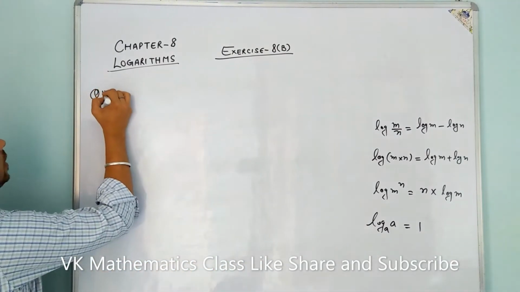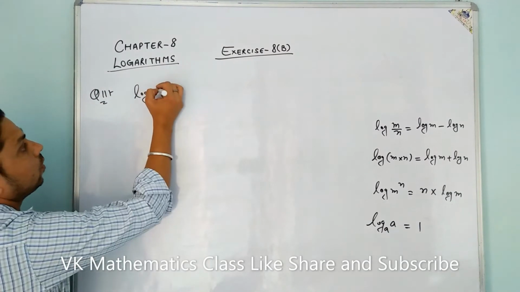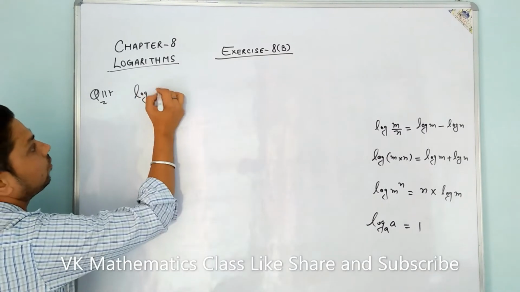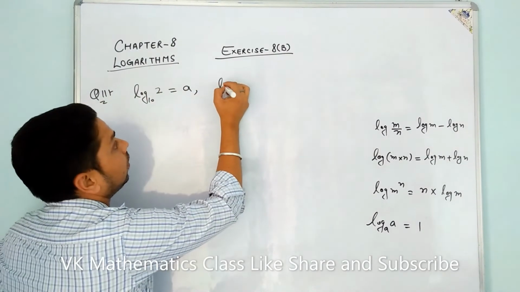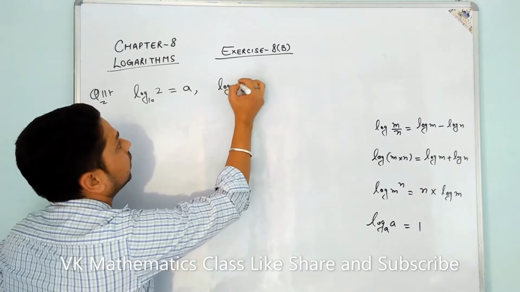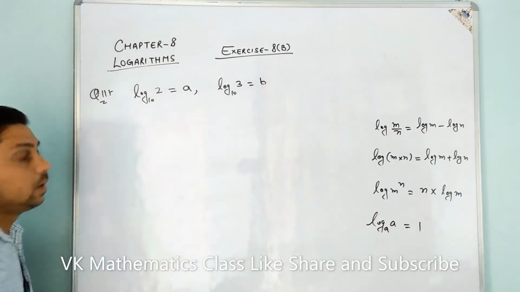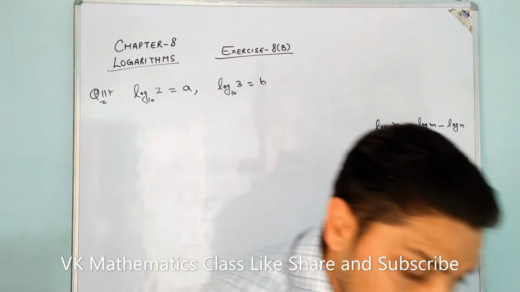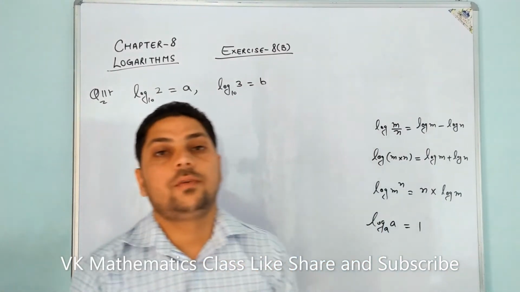Log of 2 with base 10 is equal to a, log of 3 with base 10 is equal to b. Express the following terms in terms of a and b.